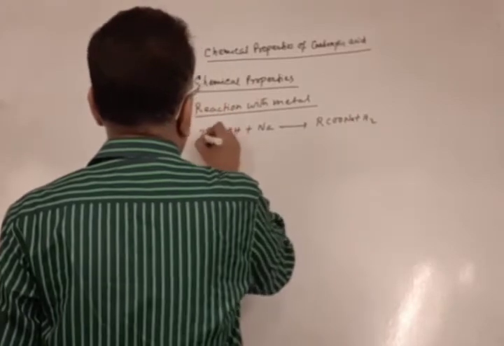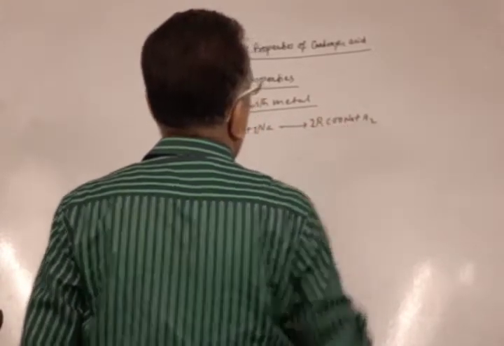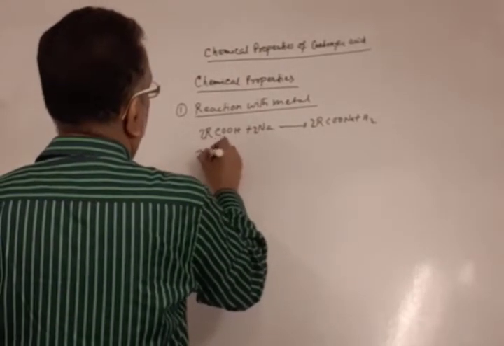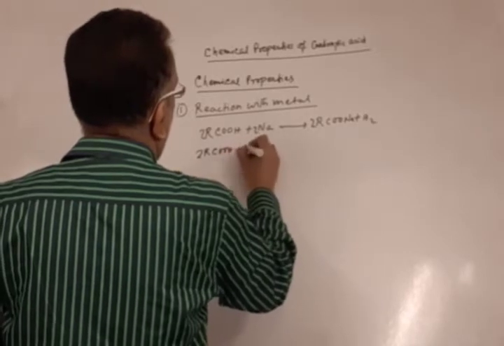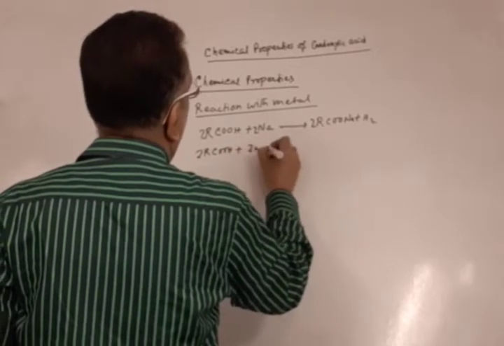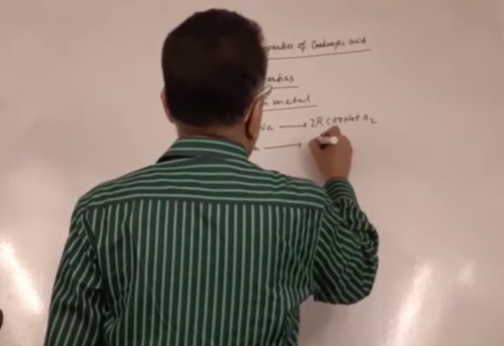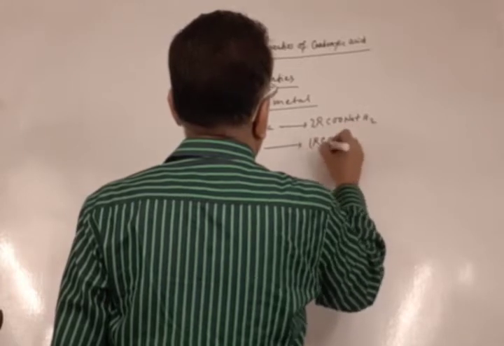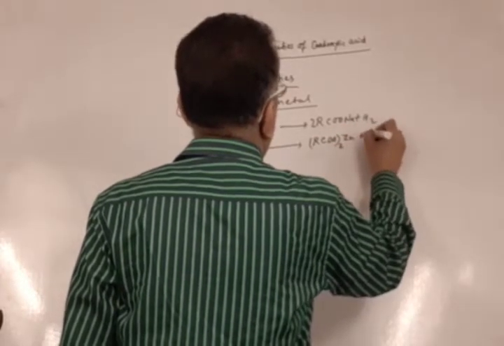Similarly, 2 RCOOH plus Zn gives us (RCOO)2Zn plus H2.